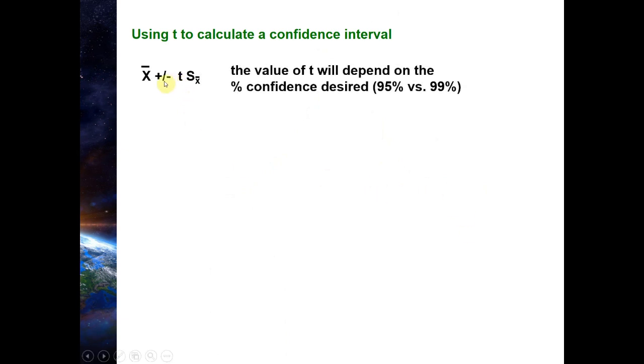Again, the formula is identical except we put the letter t here. The primary difference, though, is that you're going to have to look up this t value. With z, you have these memorized. If you want the 95% confidence interval, you use 1.96.